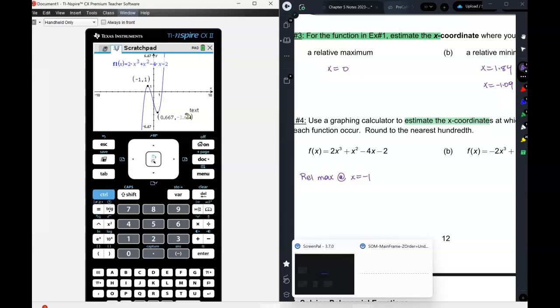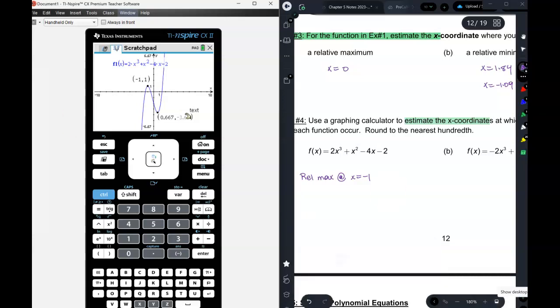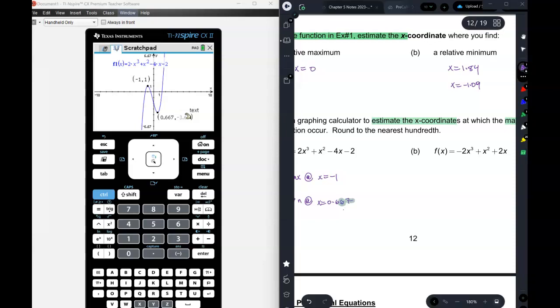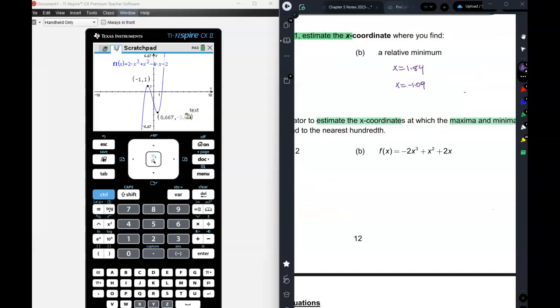I'm gonna plug it in again. Oh, okay. So we say relative minimum at x equals 0.667. Okay? Well, it says to round to the nearest 100th. Oh, 100th. Thank you. So positive 0.67. Okay, with that, go ahead and do the next one, please.